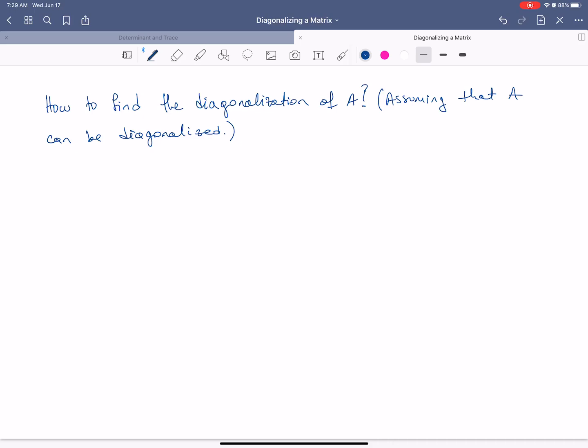We're in the world of eigenvalues and eigenvectors, so these two things will have something to do with the diagonalization.